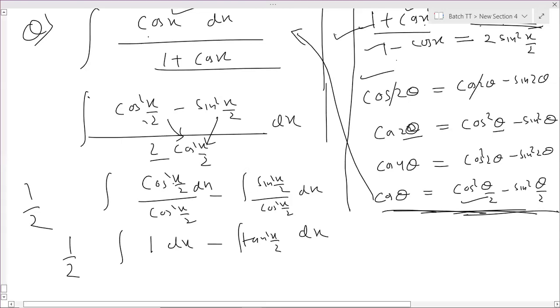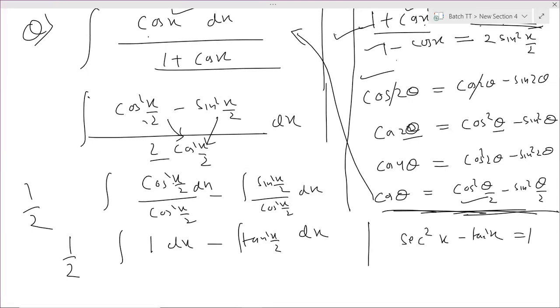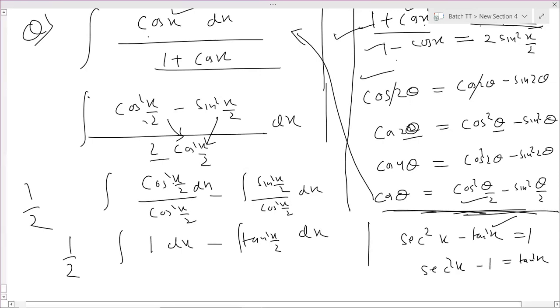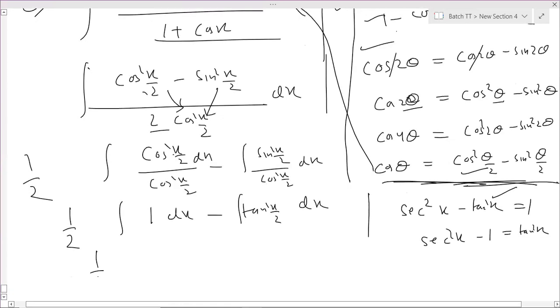Now how to integrate tan x or tan square x? We know sec square x minus tan square x is 1. So tan square x you can write as what? Sec square x minus 1. Yes or no, everyone? Is everything going over your head? Yes, sir.